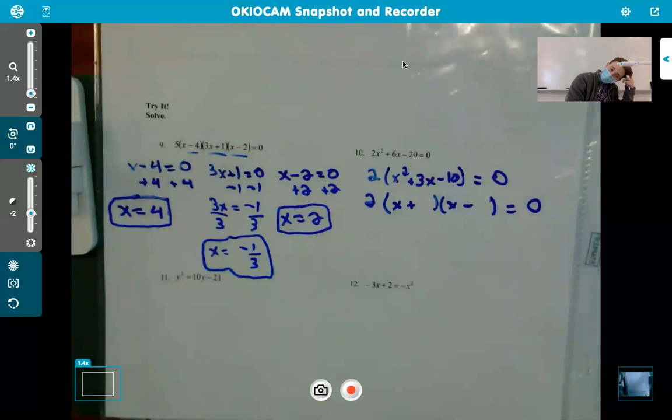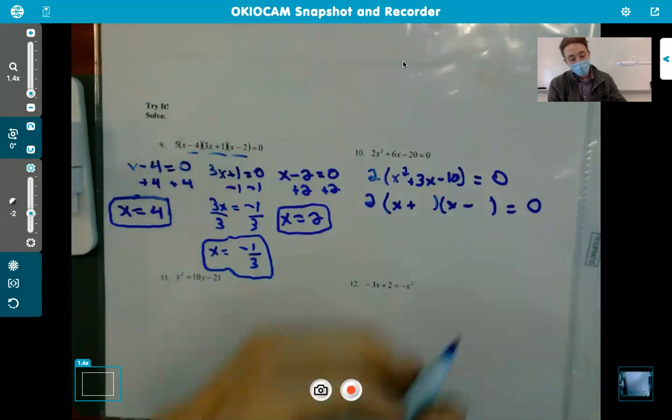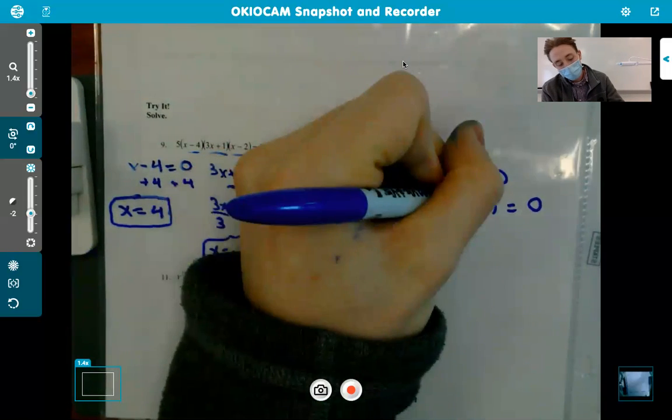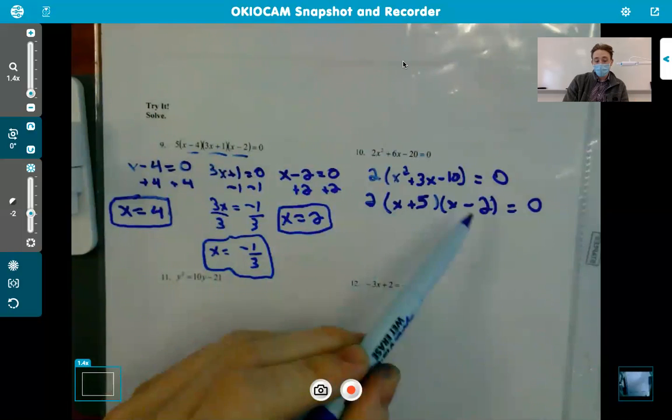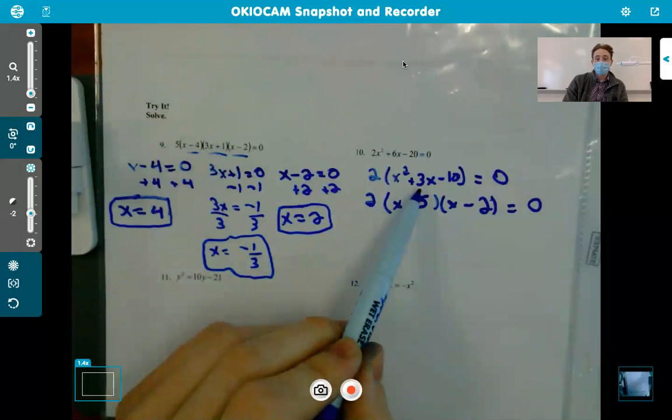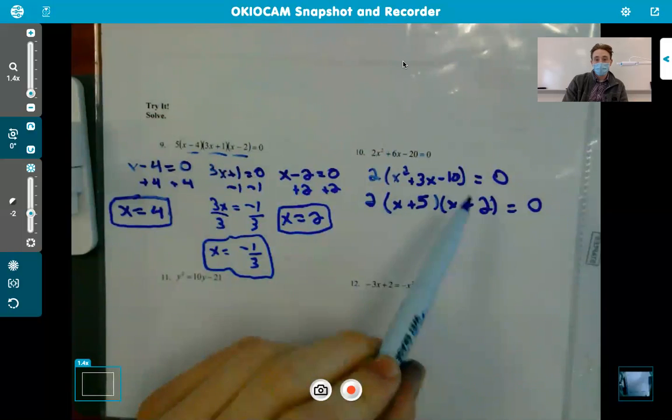So which 2 numbers are going to multiply to give me a negative 10 and add to give me a positive 3? Good. Positive 5 and negative 2. If I were to FOIL that back, I'd get x squared minus 2x plus 5x. Well, that's how I get the 3x. And then 5 times negative 2 gives me the negative 10.